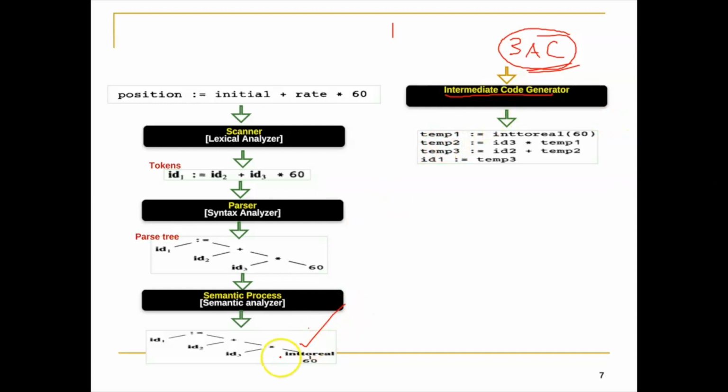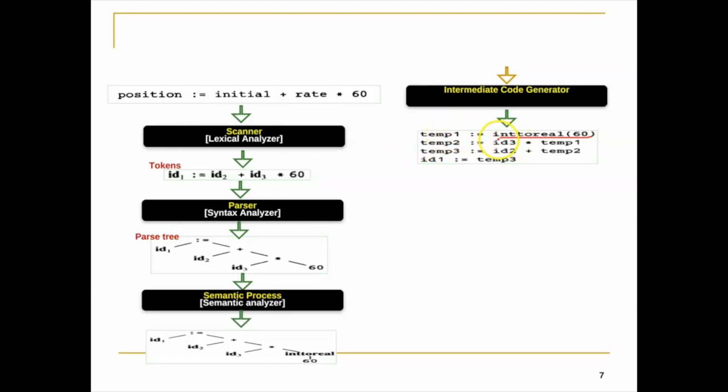The first operation is into real of 60, which is shown here and stored in temp1. Temp1 is a compiler-generated temporary variable, generated by the compiler for its internal use, right?